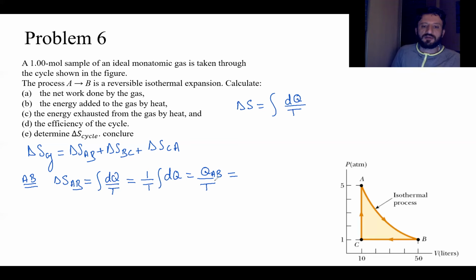We calculated QAB and T. We come back to the answer.